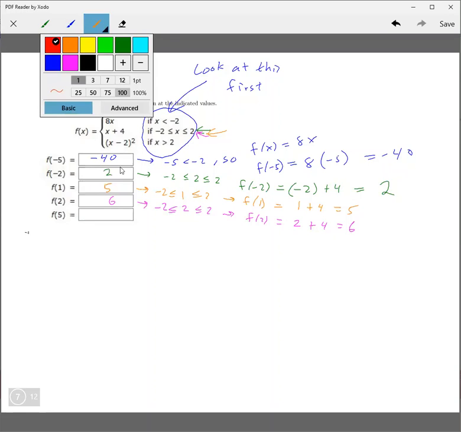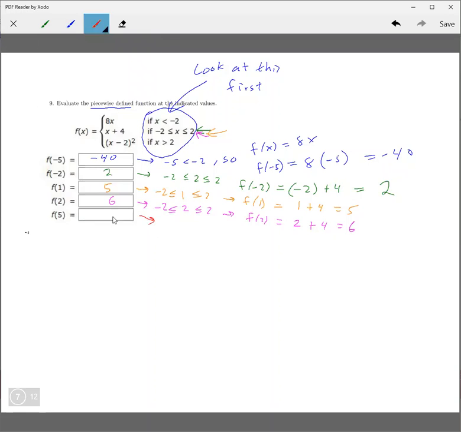And then finally, 5 is greater than 2. So that means that this last one is in the last piece. So you plug the 5 into here. 5 satisfies this, so you put it into here. So you get that answer there.